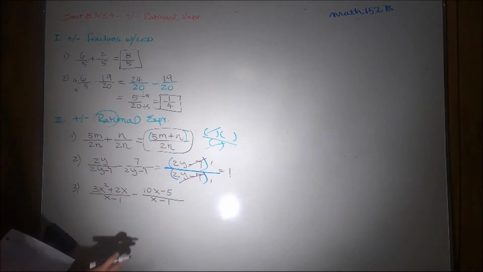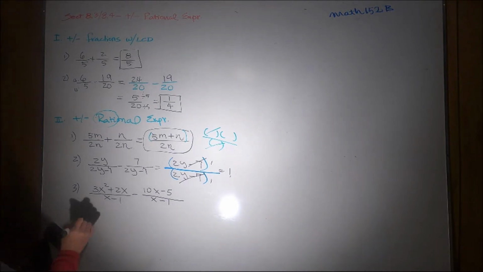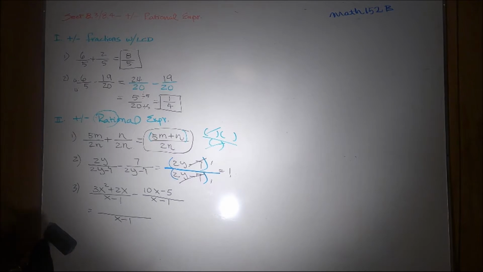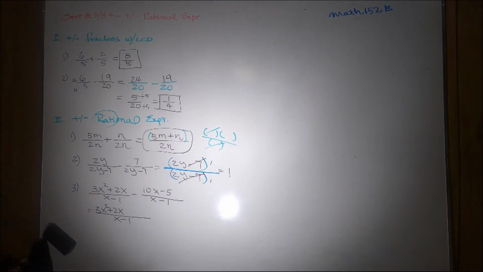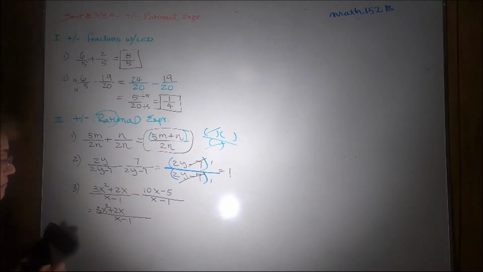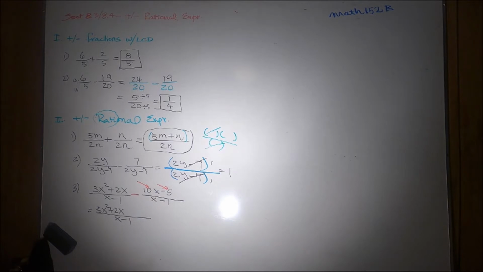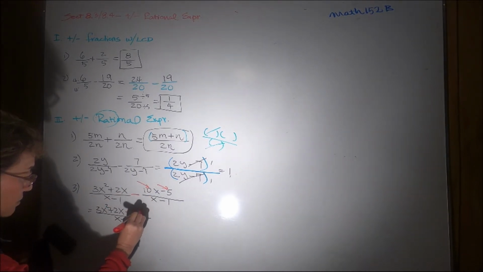Then we have the same denominators, so we are going to put the top together. For subtraction, you make a mistake here. For the first one, that's fine. For the second one, when you have a negative minus, you have to minus everything inside, right? So minus 10x, that's correct, right?